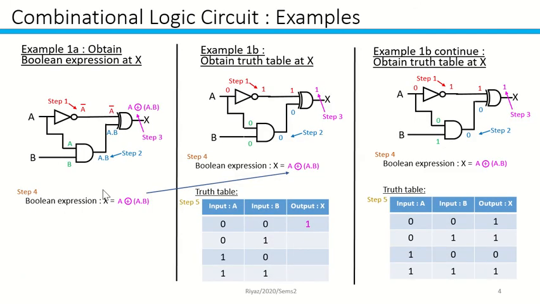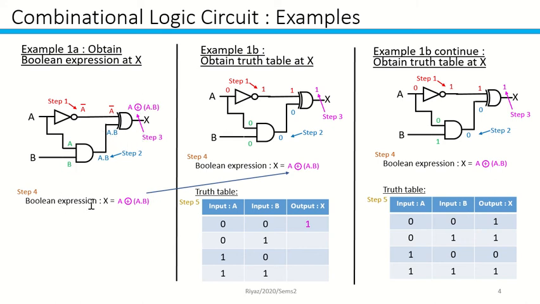I also mentioned previously the possible combinational logic circuit. This one is an example. When we have a combinational logic circuit like this with 2 inputs, we have step 1, then step 2 is the second gate over here, and the third step is this one.